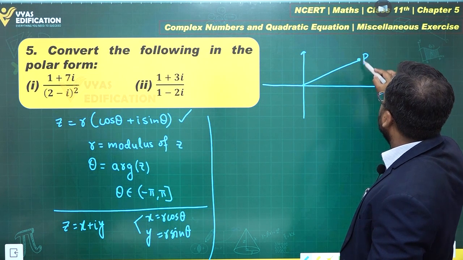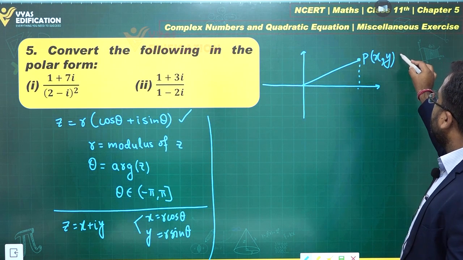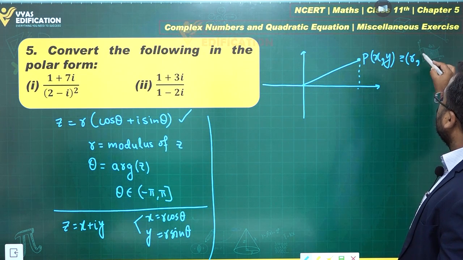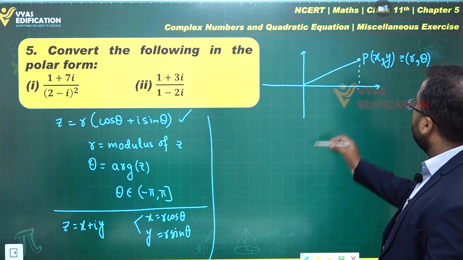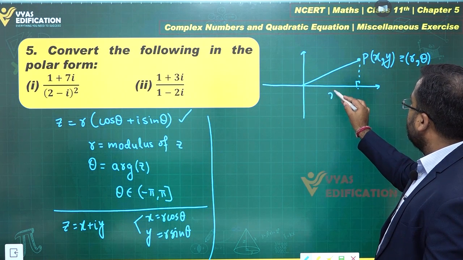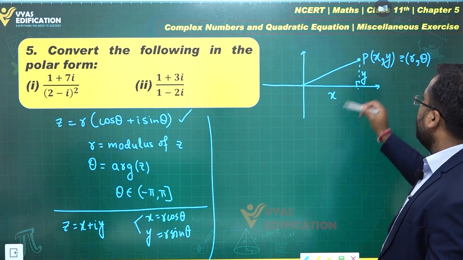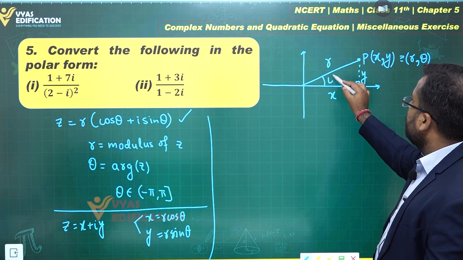Let's say there is any point P. Its location can be represented by x comma y, or it can also be represented by r comma theta in terms of polar coordinates. This is 90 degrees; this length would be x, this would be y, and this here would be r, and this angle would be theta.